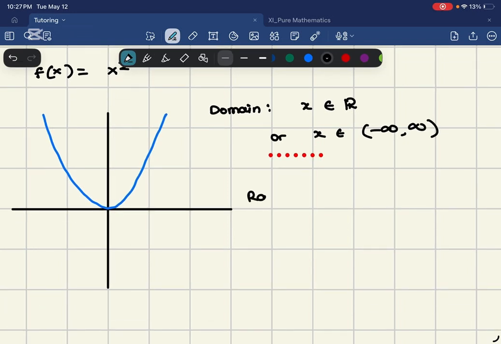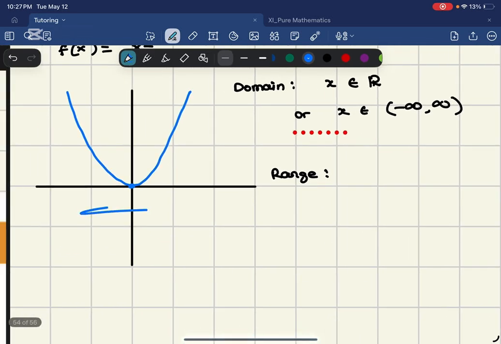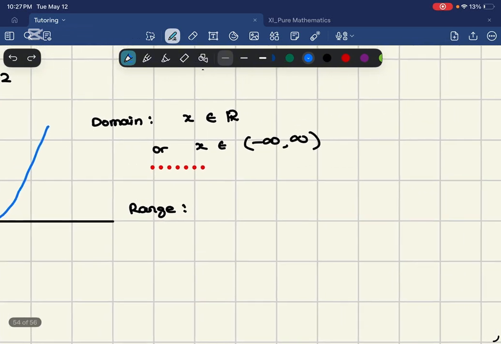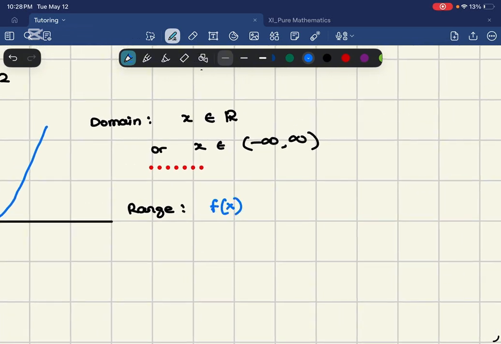And what values does this map to? The range. What are the output values? Now, if you look at this, you can see that your output values are always bigger than or equal to 0, right? You don't have negative output values. You don't have anything here. The function never maps to anything negative. So your range of f of x is always bigger than or equal to 0.